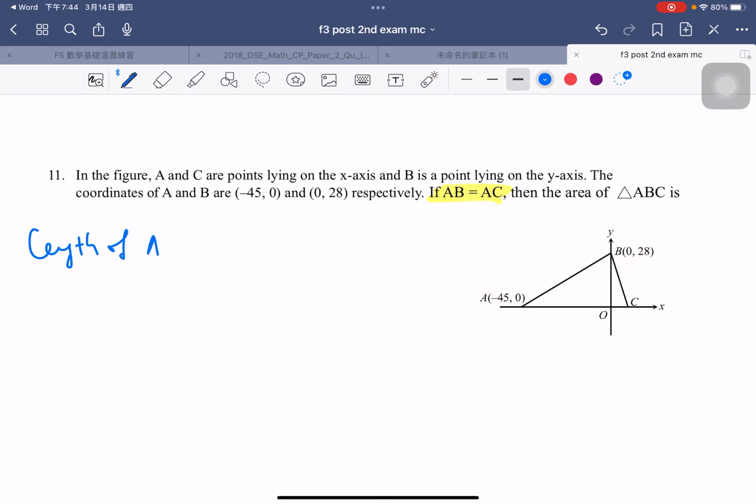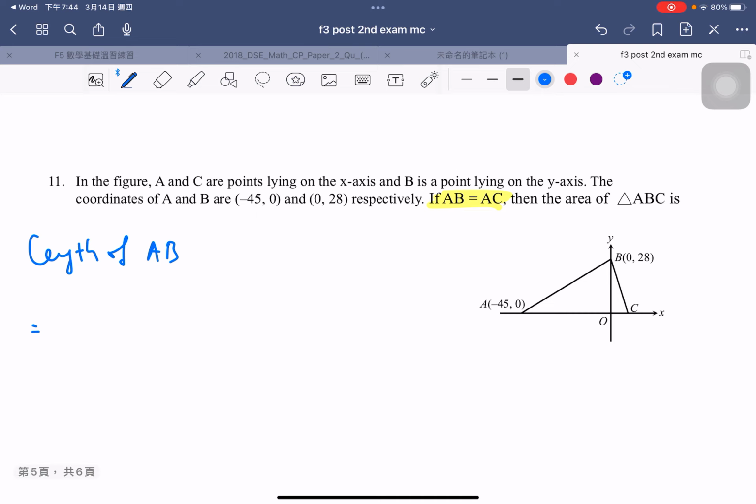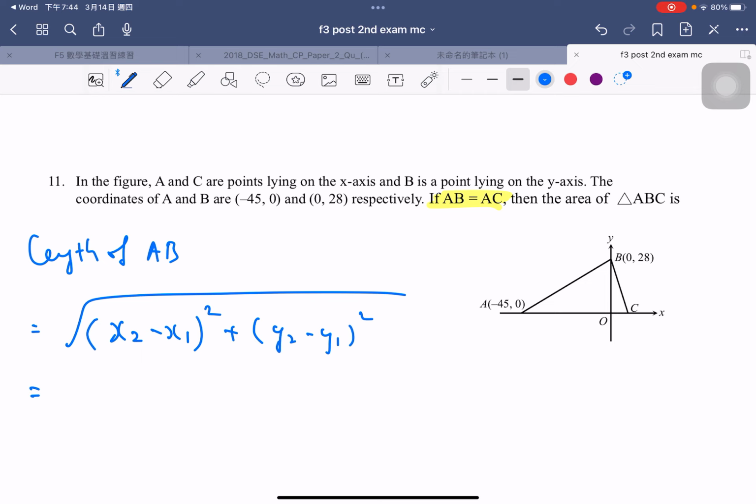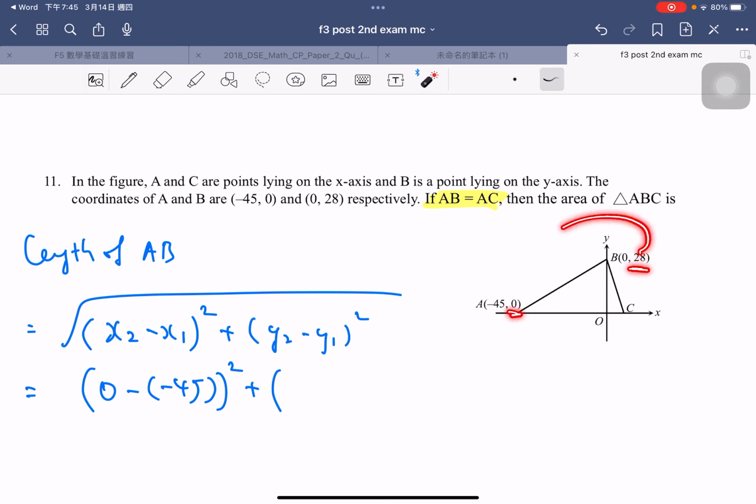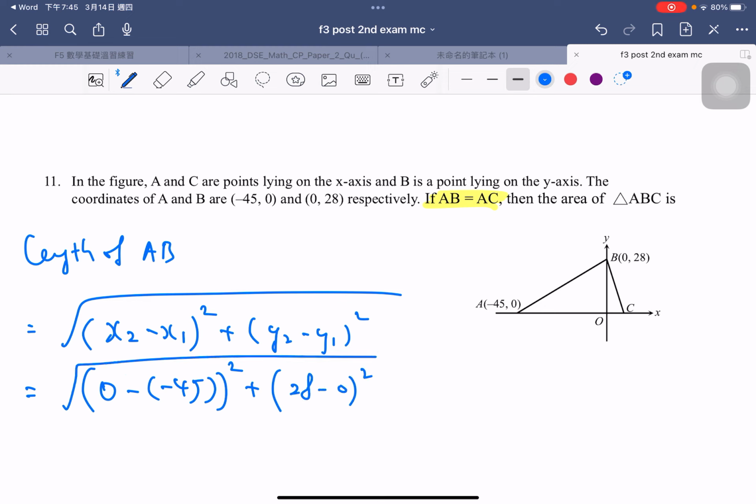For the length of AB, do you still remember the distance formula? Write down the distance formula first, which is x2 minus x1 squared plus y2 minus y1 squared, and then taking the square root. So x2 minus x1 is 0 minus negative 45, squared, and then y2 minus y1 is 28 minus 0, squared, and then we take the square root.